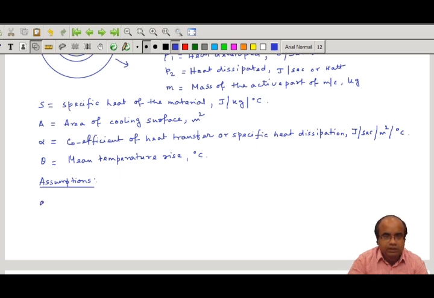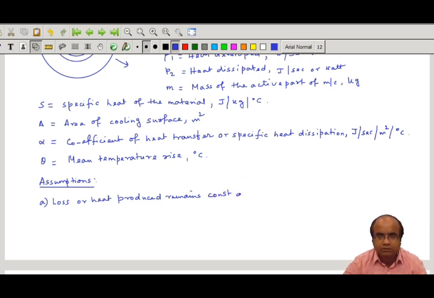Number A, the loss or heat produced remains constant during the temperature rise.